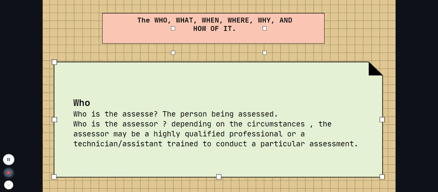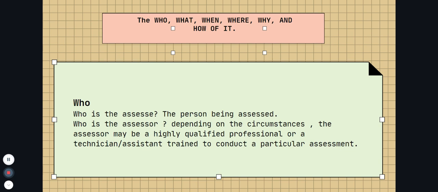So who is the assessor? Depending on the circumstances, the assessor may be a highly qualified professional or a technician or assistant trained to conduct a particular assessment. For example, a psychologist, a psychiatrist. Technicians are frequently employed to record the number of times a targeted behavior is exhibited.